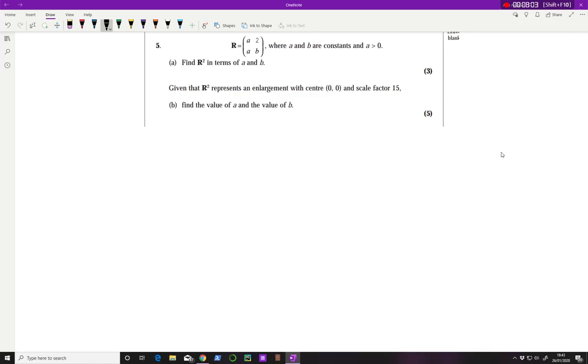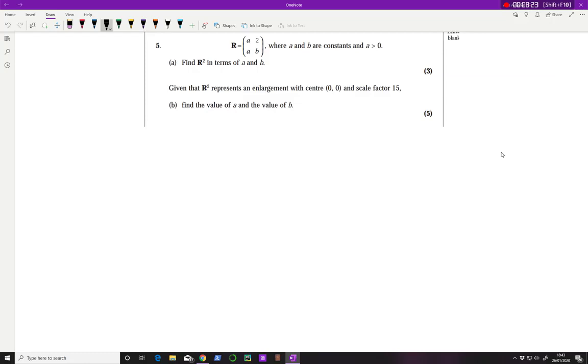Now, I can already see that the reason why A is not more than 2 is because if A was 0, then we would have a singular matrix. And I believe singular matrices don't have a determinant, so therefore they don't have a scale factor.